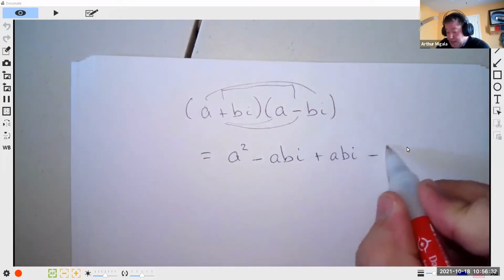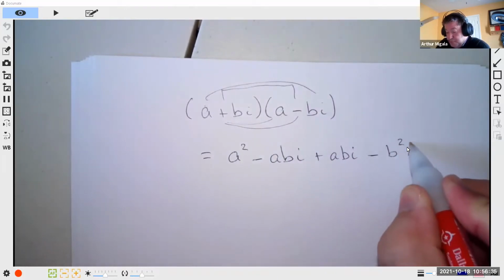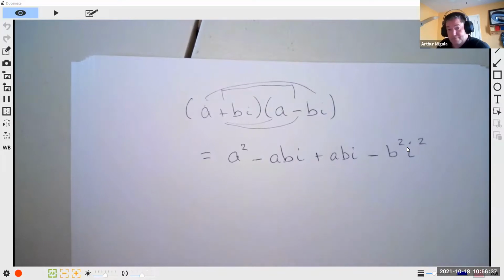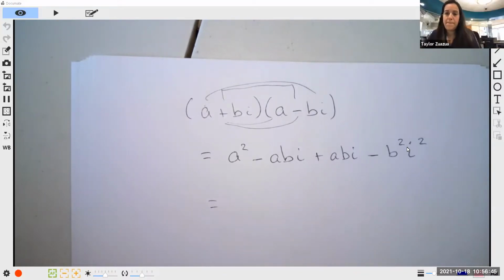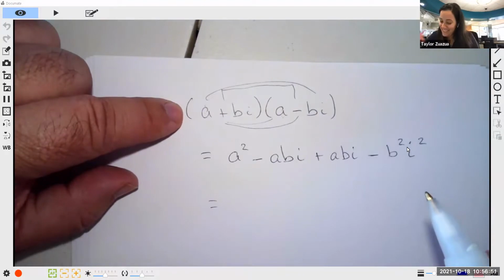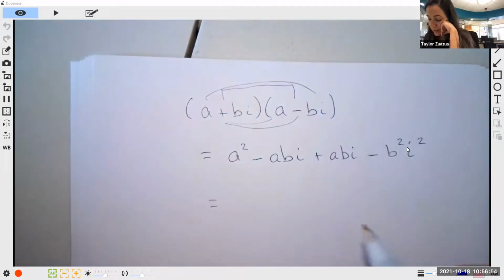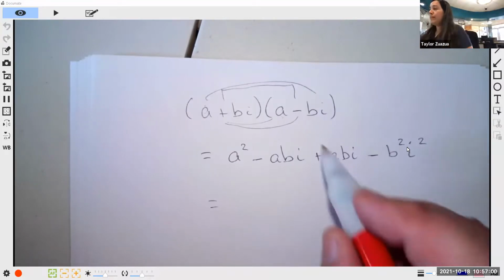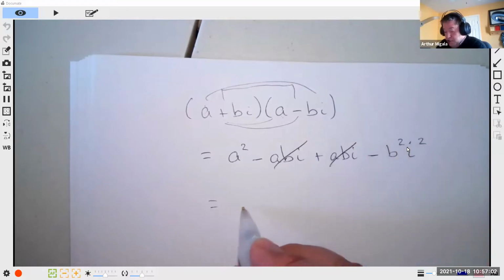Bi times Bi is B squared i squared. So far, so good. Okay, so you got ABi and ABi, they cancel each other out.